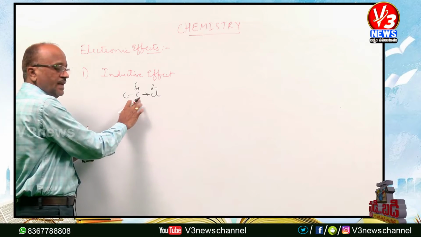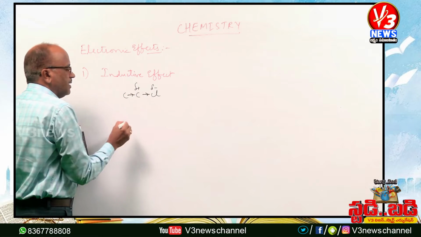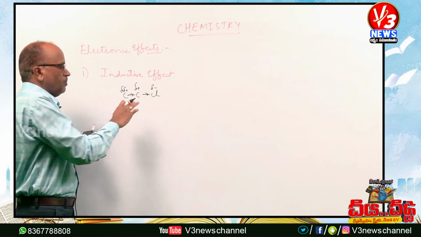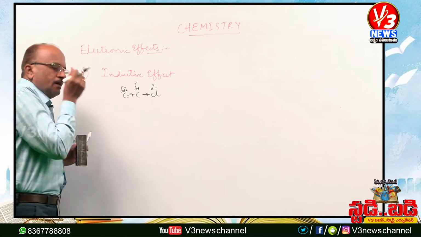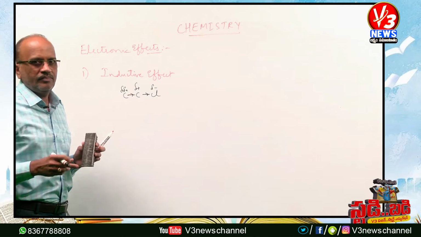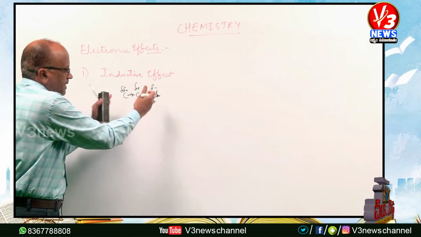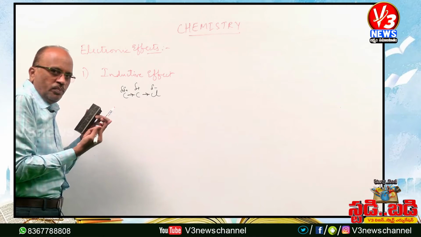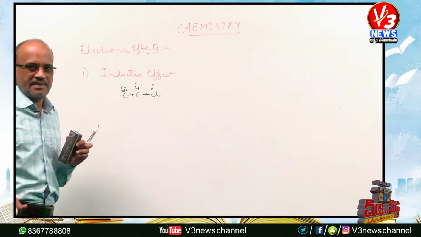Then this carbon is electron deficient, it attracts the electron pair from the adjacent carbon, so this carbon also gets a partial positive charge, but smaller than that of this one. Like this, the effect continues till the end of the chain, but the effect decreases as the distance between this electron withdrawing group and the electron giving group increases.